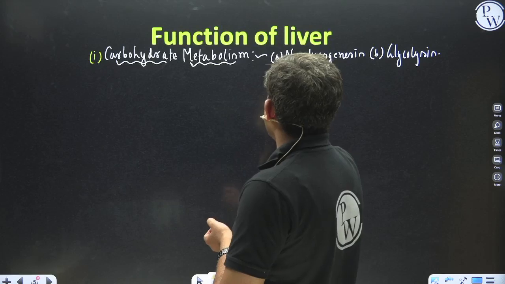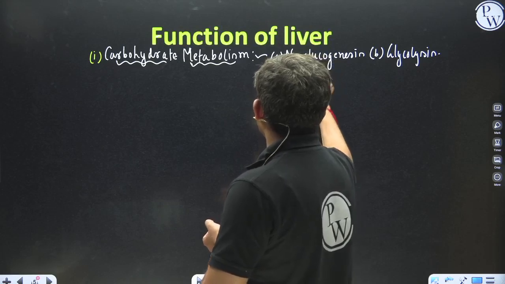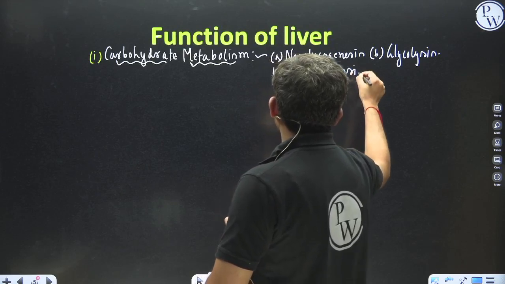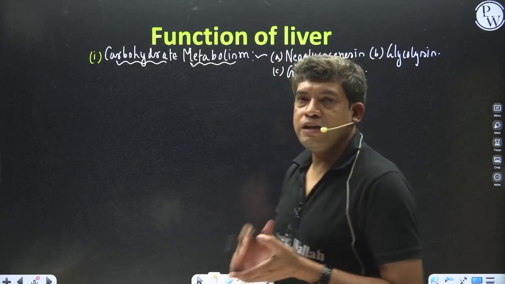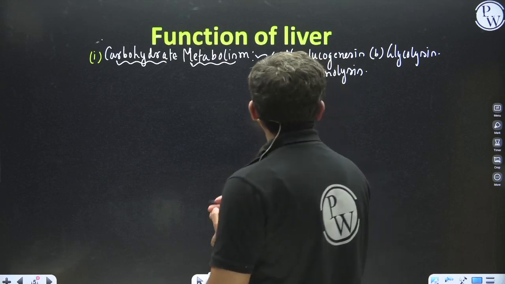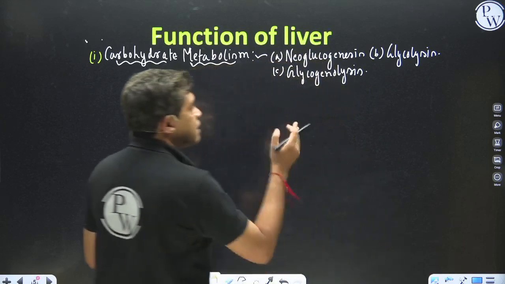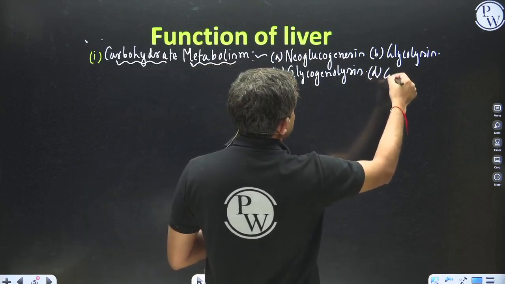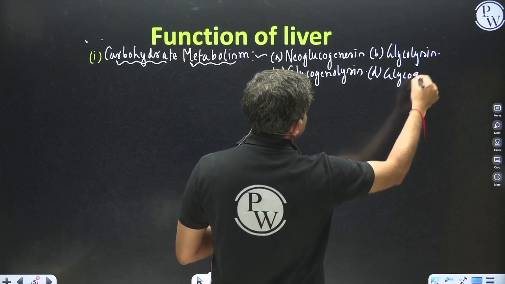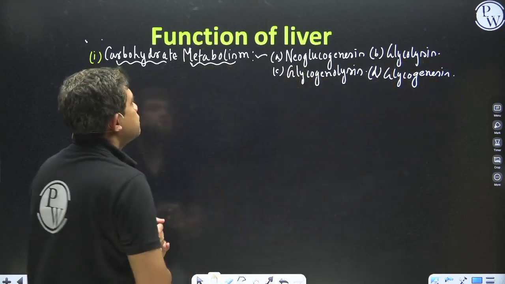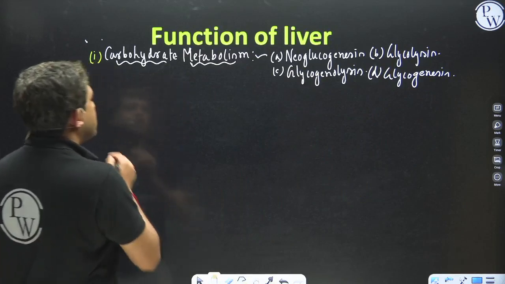Number C, glycogenolysis, that means the breakdown of liver glycogen. And number D is glycogenesis. These are the important biochemical events related to carbohydrate metabolism.